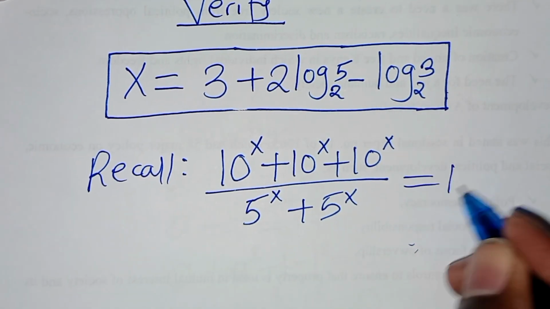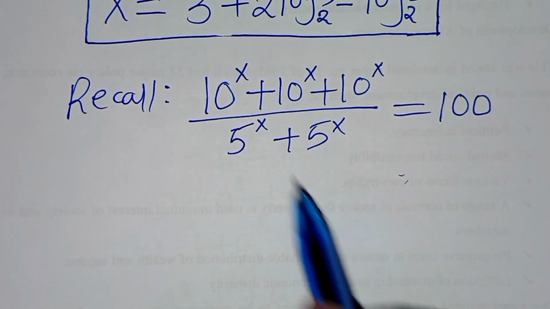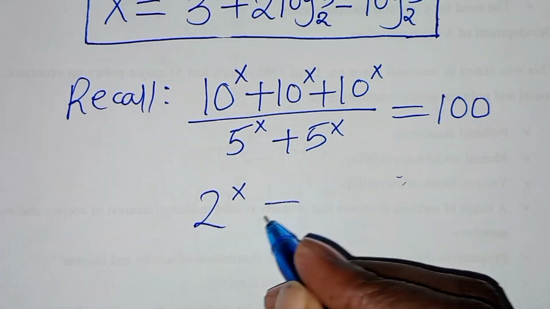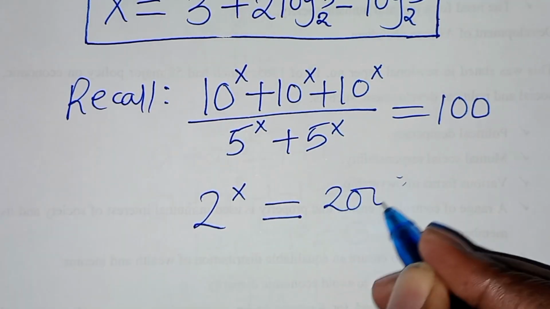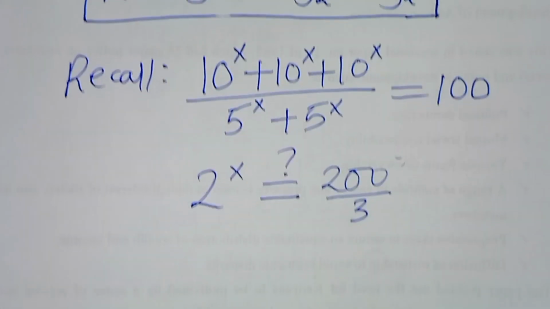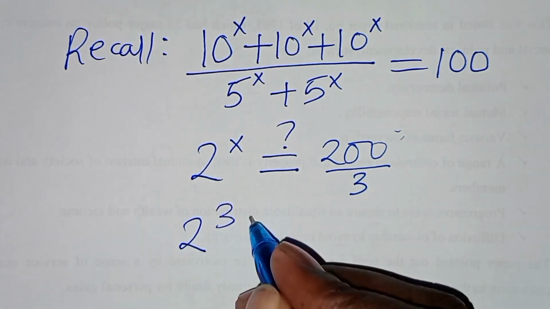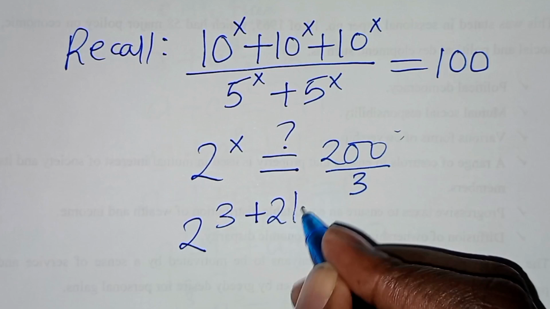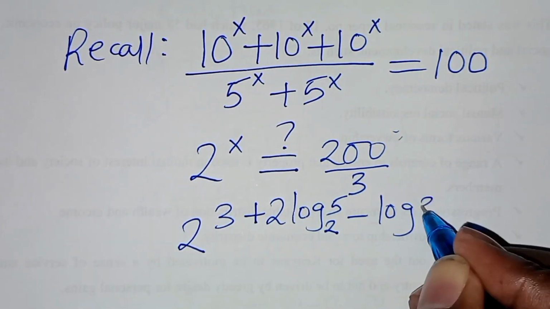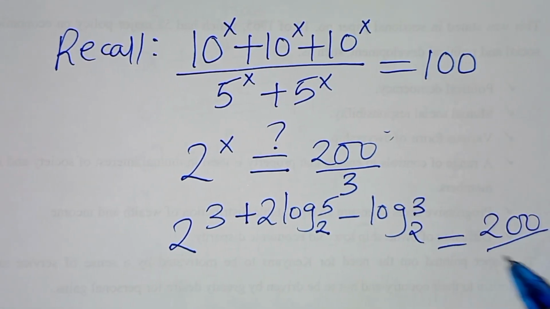This should give us a value of 100. Now we simplify this further to 2 to power x. This should give us a value of 200 divided by 3. So let's check if this is true. Let's substitute the value of x here. So we'll have 2 to power 3 plus 2 log 5 to base 2, subtract log 3 to base 2. This should give us a value of 200 divided by 3.